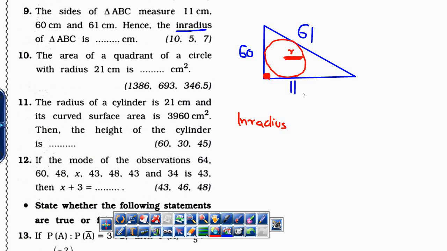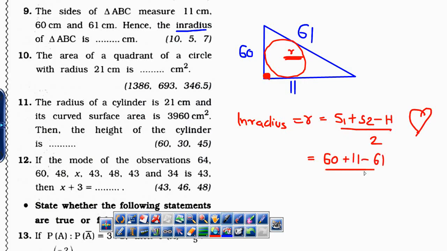If there is a circle touching the three sides, then the inradius formula is side 1 plus side 2 minus hypotenuse upon 2. Learn this by heart. You get 60 plus 11 minus 61 upon 2, 10 upon 2. Answer is 5.